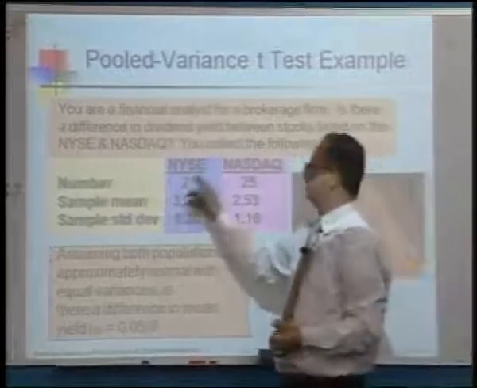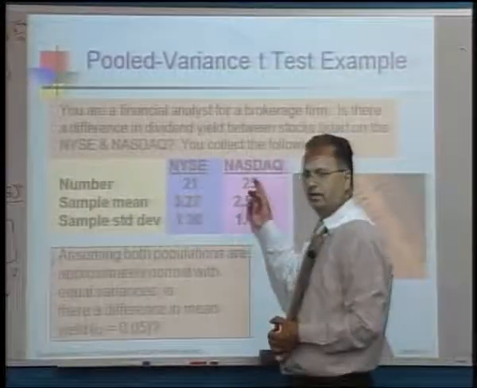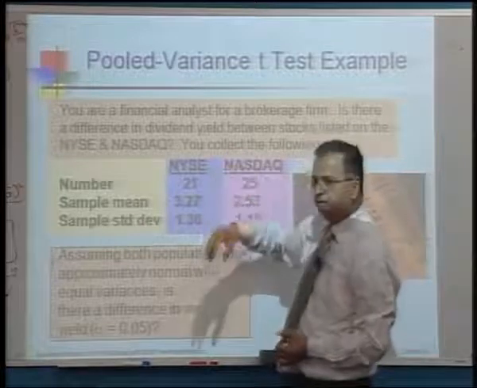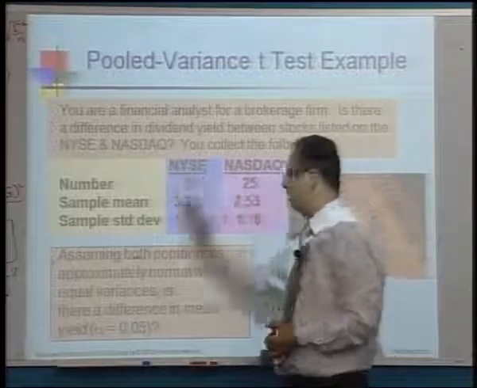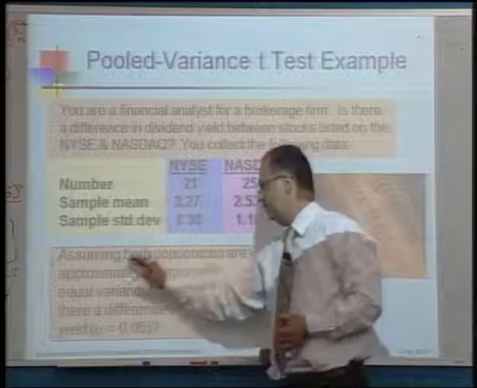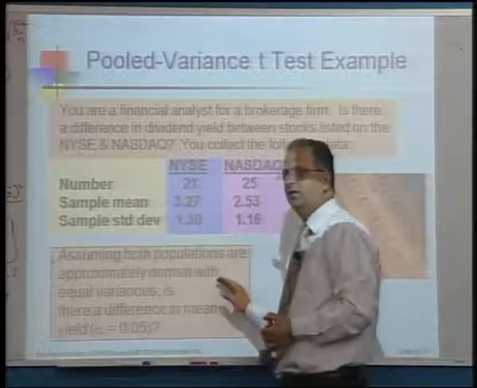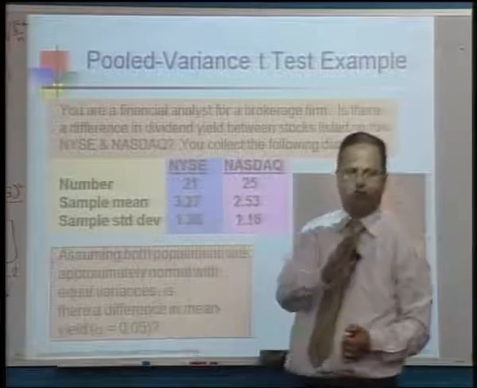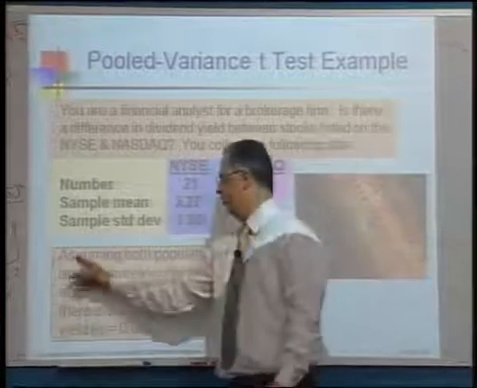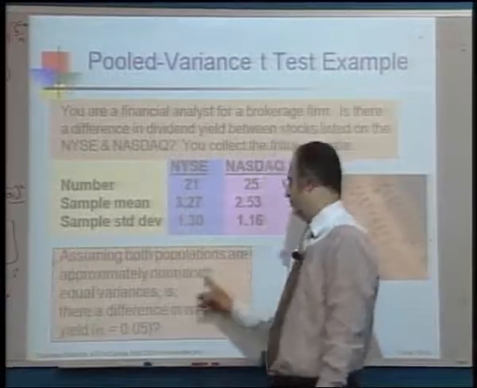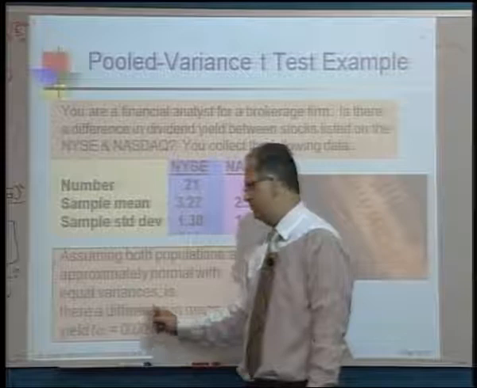But in this case, the two sizes are smaller than 30, so we have to assume both populations are normally or approximately normally distributed, or we have to use another test. So we are assuming both are normal with equal variances.